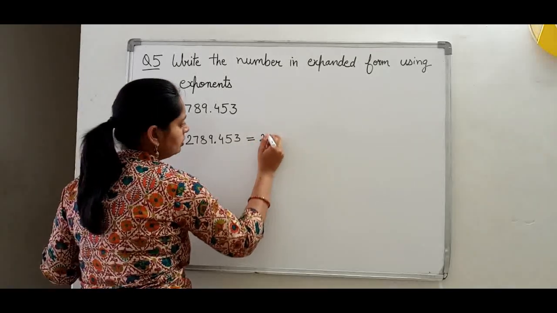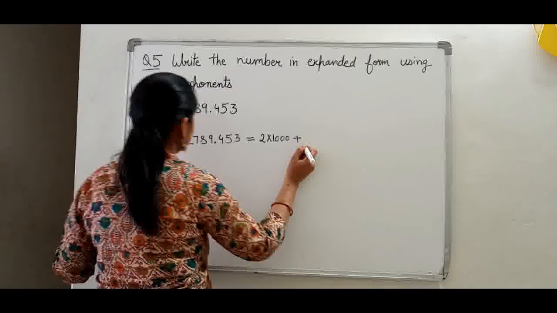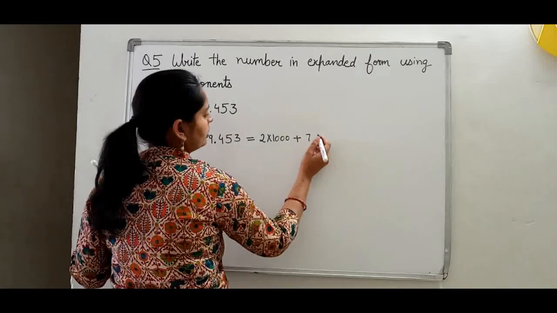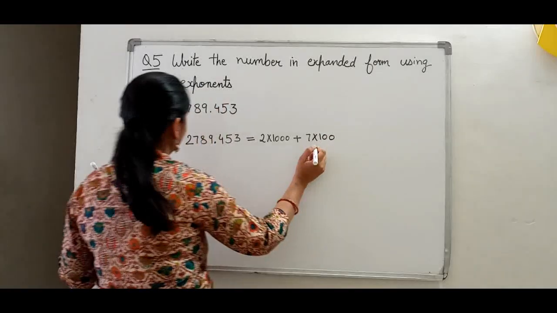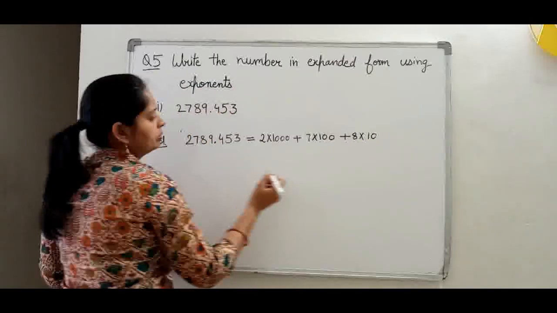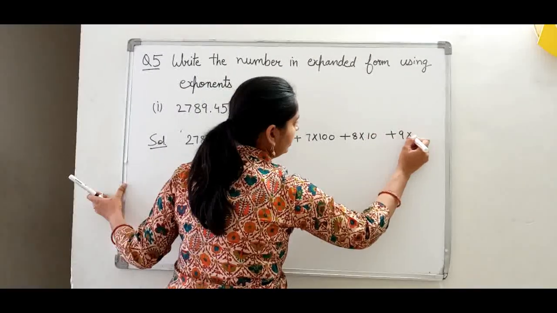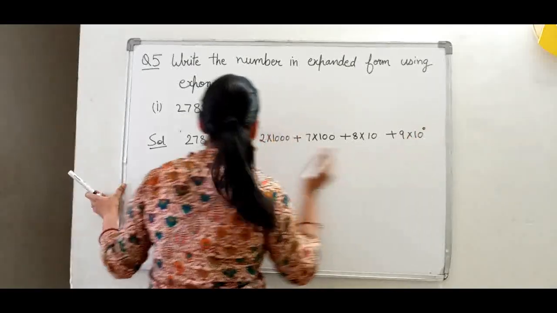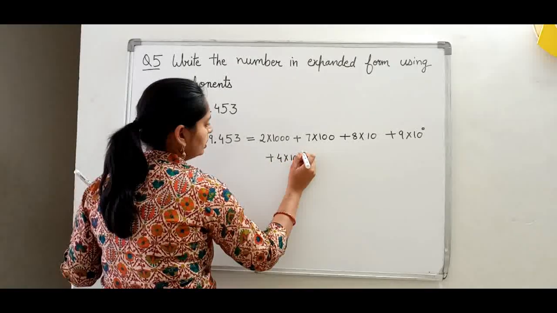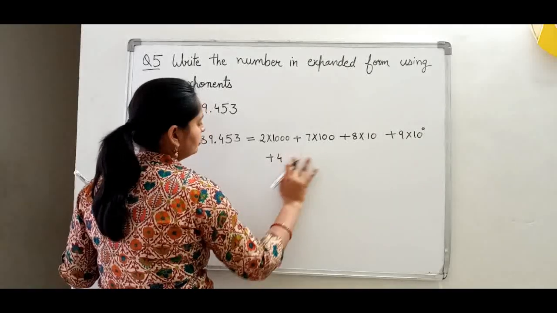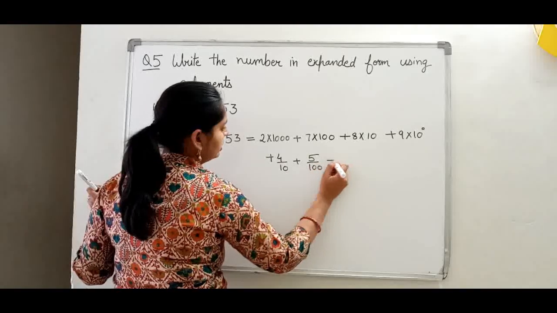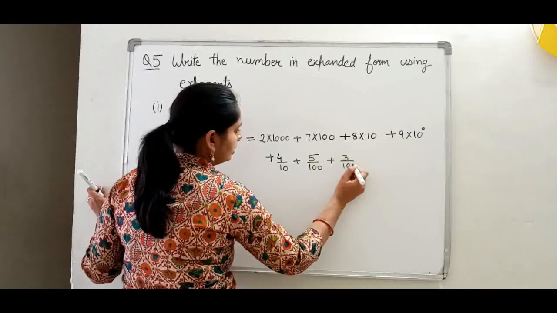So we have 2 into 1000 plus 7 into 100 plus 8 into 10 plus 9 into 10^0, nothing to multiply, plus 4 into 10^(−1), or you can say 4 upon 10 plus 5 upon 100, the 100th place, plus 3 upon 1000, at the 1000th place.